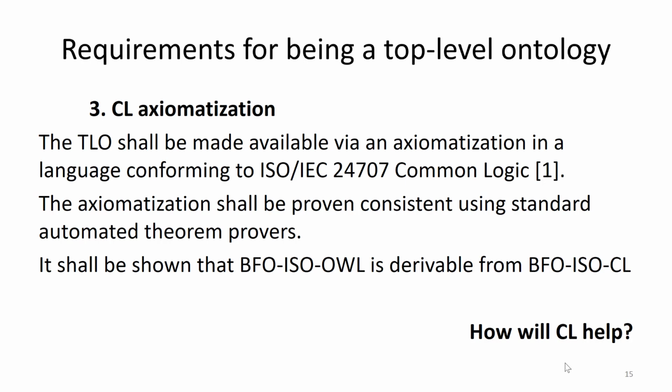Moreover, it's easy to prove an OWL axiomatization consistent, at least relative to the reasoners that we have available. It's very, very, very difficult to prove that a very large first-order logic axiomatization is consistent. The BFO first-order logic axiomatization has 300 axioms, and Prover9, which I think is the most commonly used automatic theorem prover, will not give you a proof of consistency without a lot of manual effort, but Prover9 breaks when you get beyond somewhere like 100 axioms.